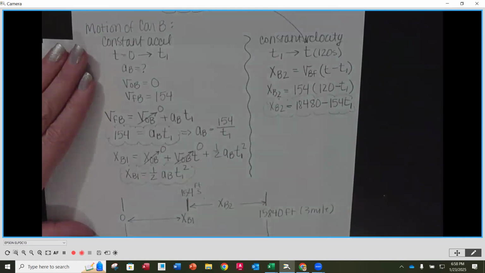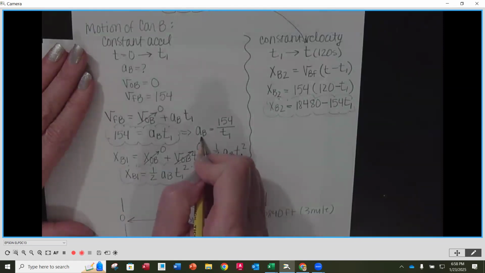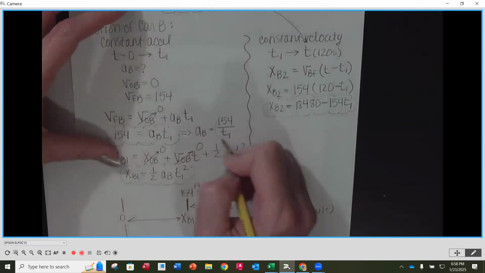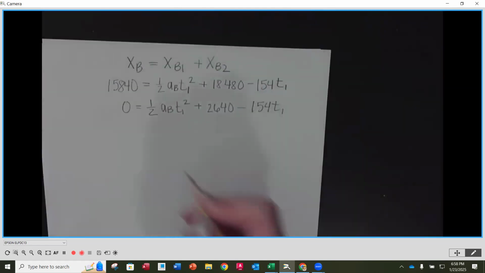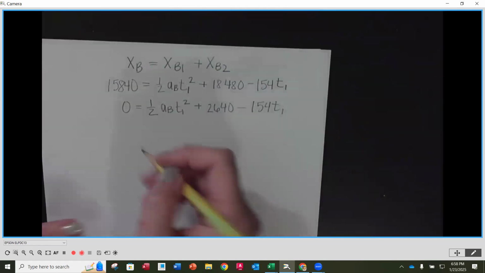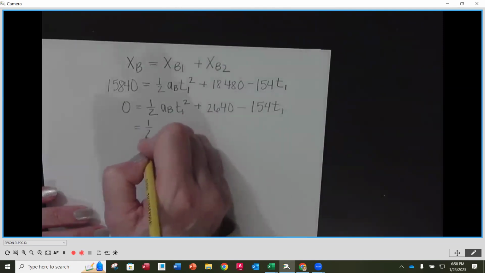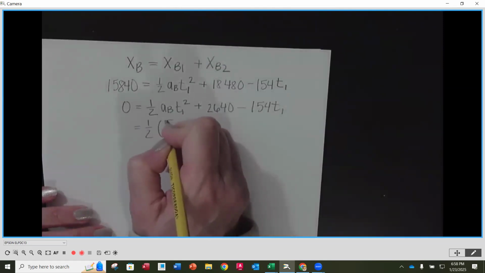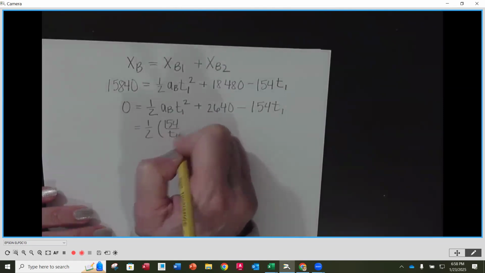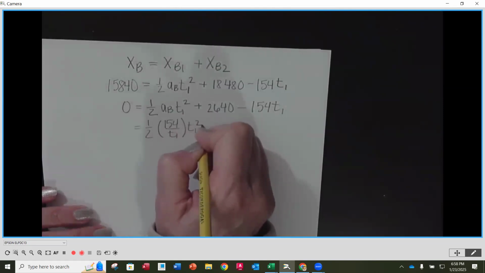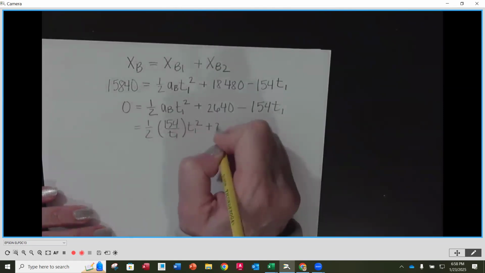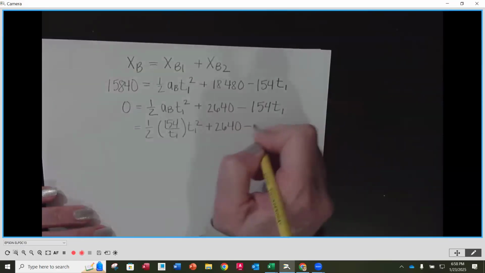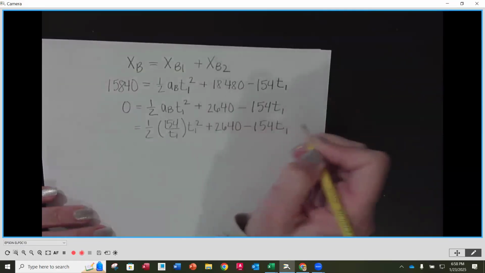So if I know that this is what AB is equal to, I can put that right here. So this is going to be equal to 1/2 times 154 divided by T1, times T1 squared, plus 2640, minus 154 T1.